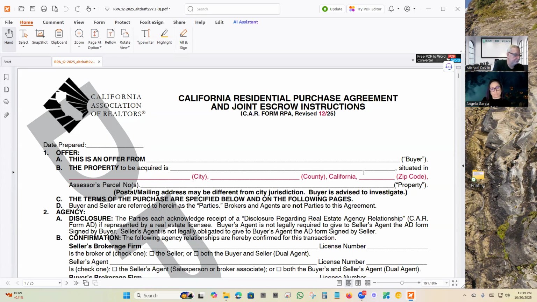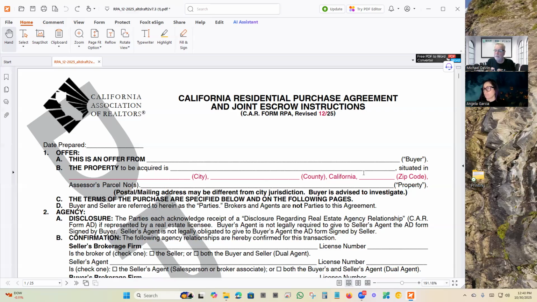And so we might put in multiple APNs, but it says postal mailing address may be different from city jurisdiction. Buyer is advised to investigate. This happens more often than you might think, where sometimes a property is said to be in San Jose, and sometimes in Campbell. You might find on one title company site that it says San Jose, and on another title company site it says Campbell.